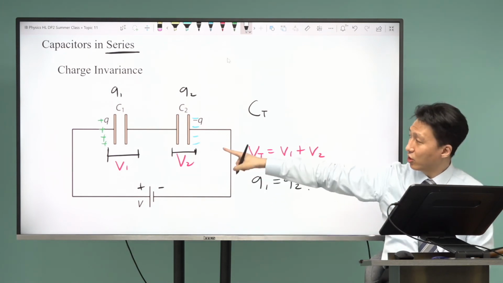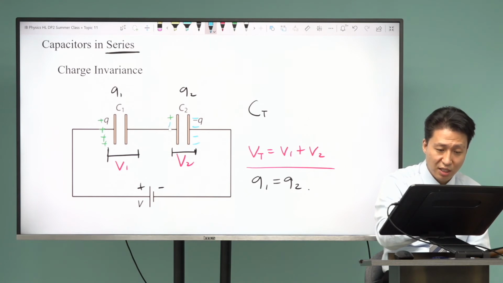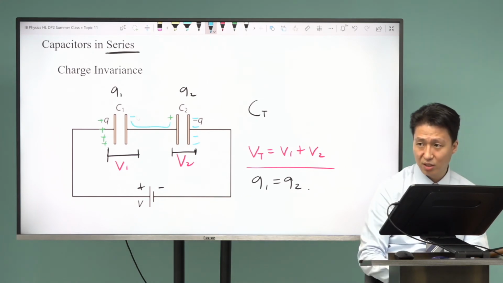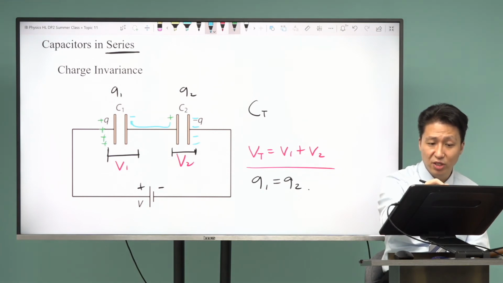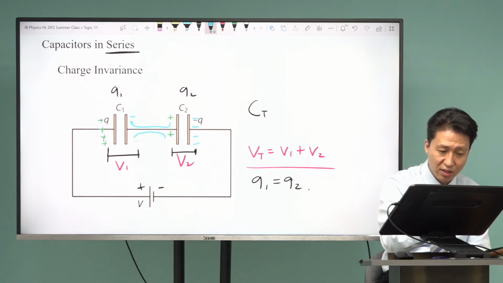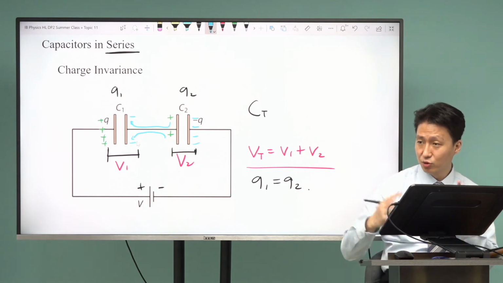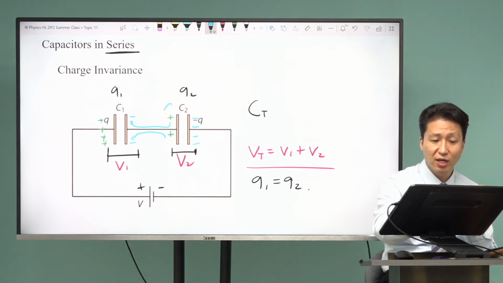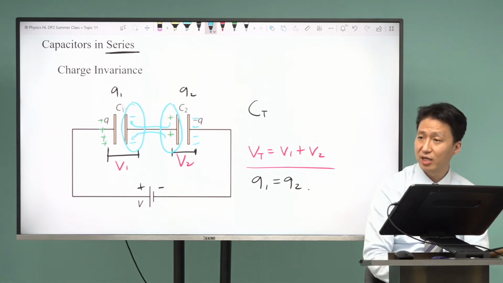If you want to put a positive charge on one side, it means the same amount of negative charge left here and came here. If you want to put an additional amount of charge, the same amount of charge left here and came to the other side, because it was neutral before. Whatever charge you need here will also be the charge on the other side.